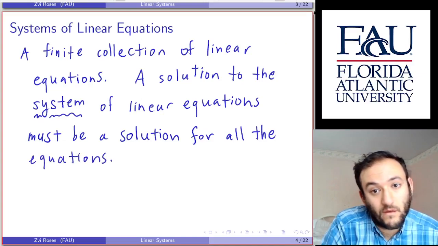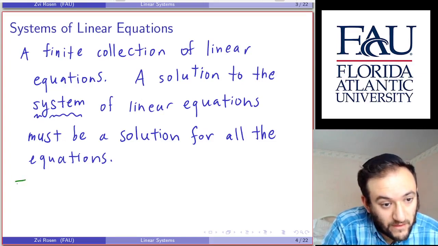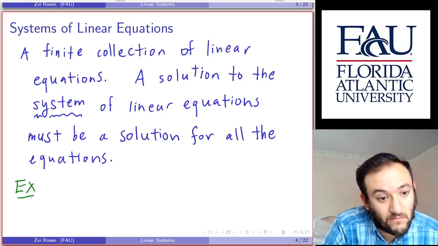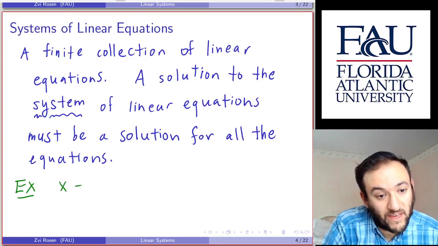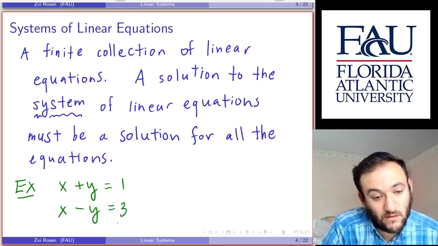Okay. So to do a quick example, borrowing the equation from the last slide, we have x plus y equals 1 and x minus y equals 3.